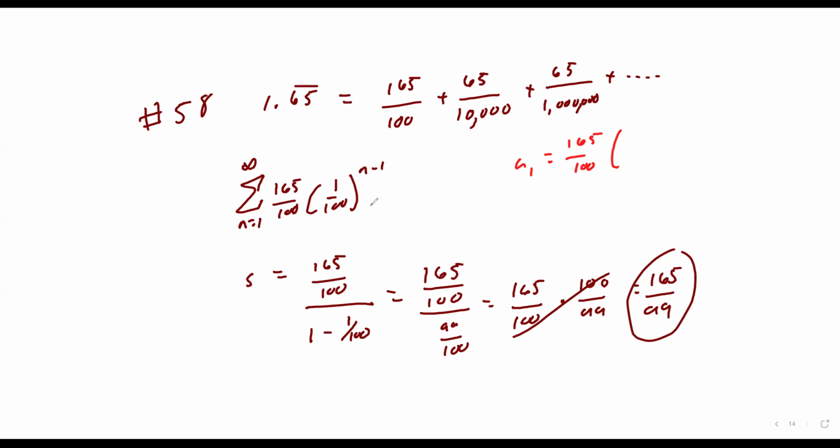Hmm. 99 over 100 on the bottom. First term is going to be that. Next, you just add 0.65 each time.